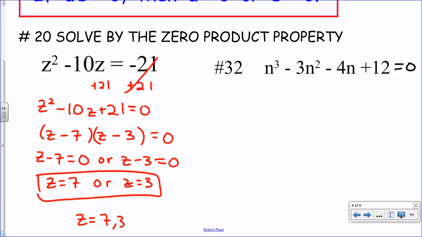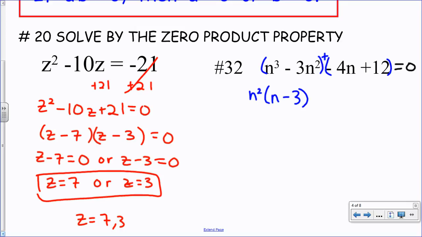Yep, use grouping. So what can you factor out of the first group? N squared. So you get n minus 3.